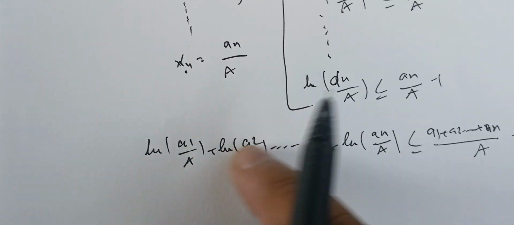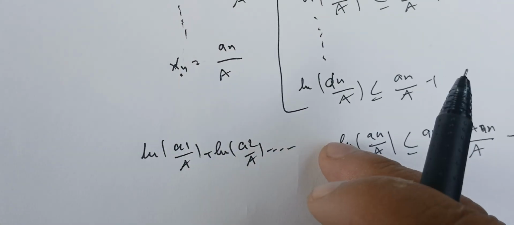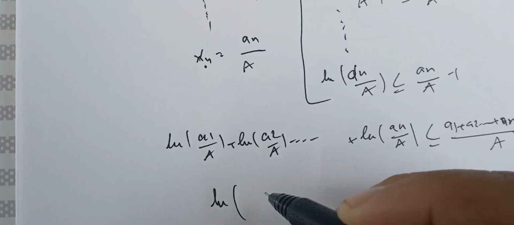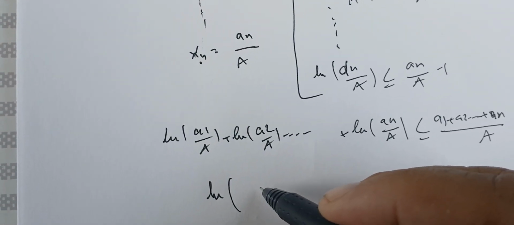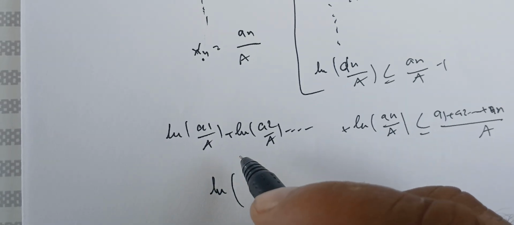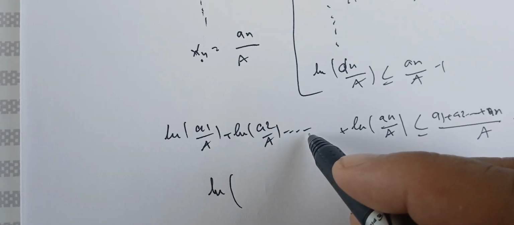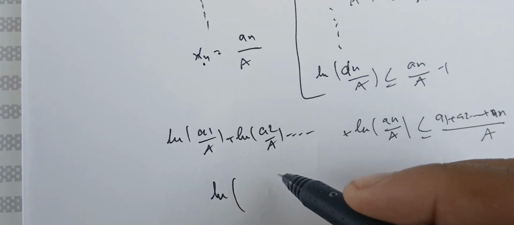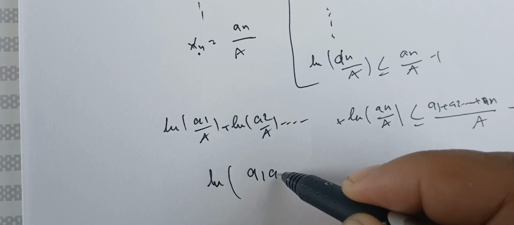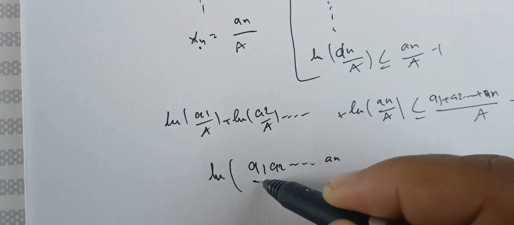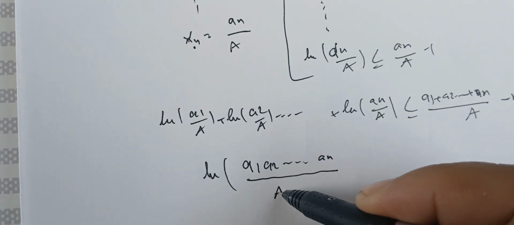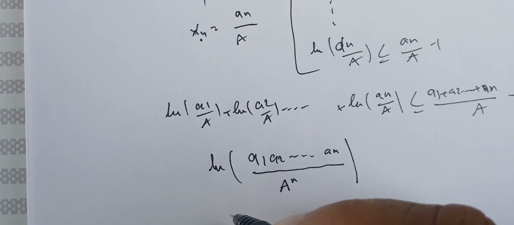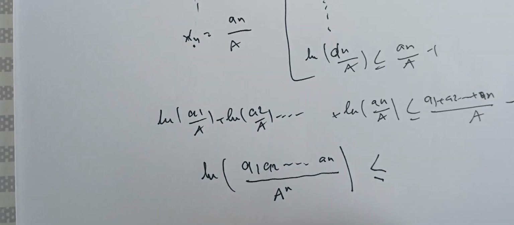Here, this sum on the left, I can rewrite using the properties of the log as the natural log of the product. So it's going to be A1 times A2 times AN over A to the power n, less or equal than.